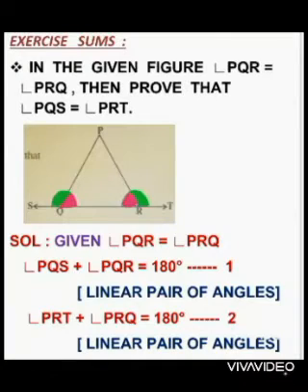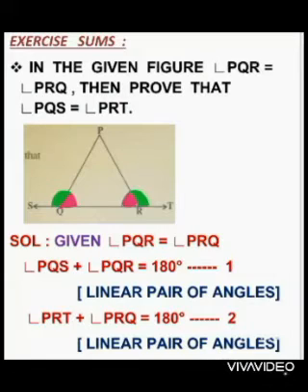Okay, children, let us move to the first sum in this. In the given figure, angle PQR is equal to angle PRQ. Then prove that angle PQS is equal to angle PRT. See the figure, children.